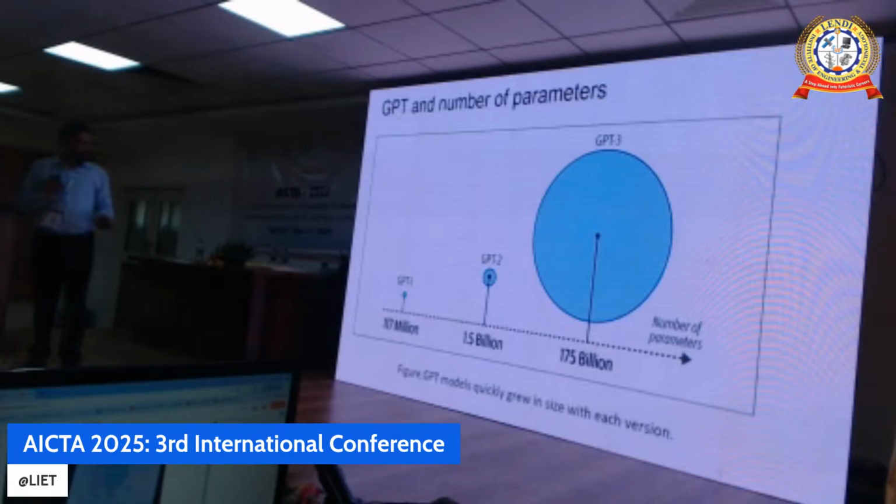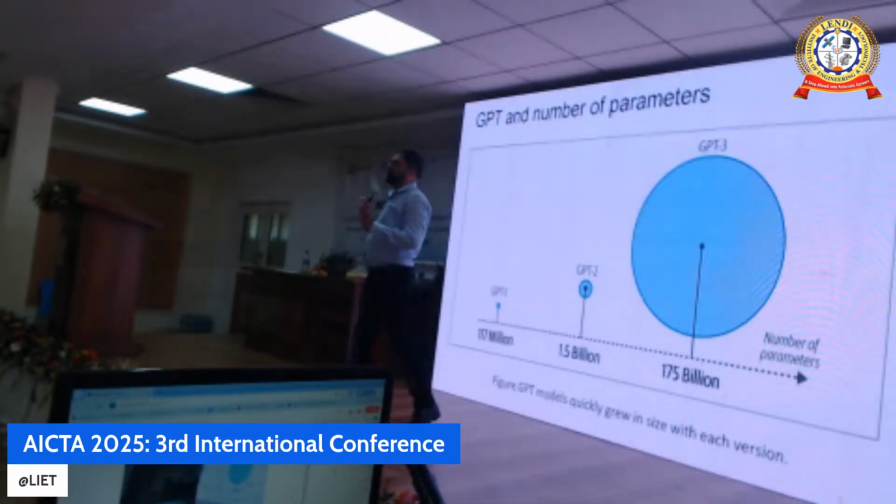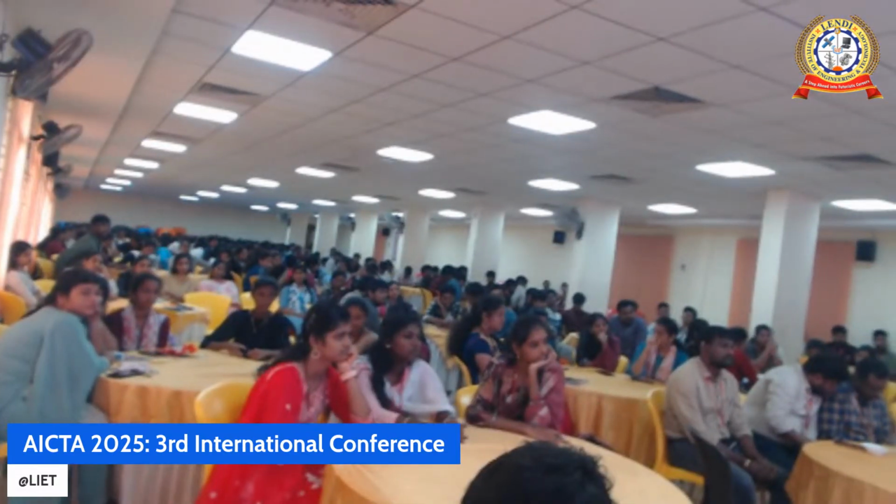See this GPT: 1.5 billion and 175 billion. These are the number of parameters. You can't train this, but what you can do, I've shown you one task, and I'll show you some applications where you can explore. Again, see how much training data there is. I'll show you that slide. I think I missed that.